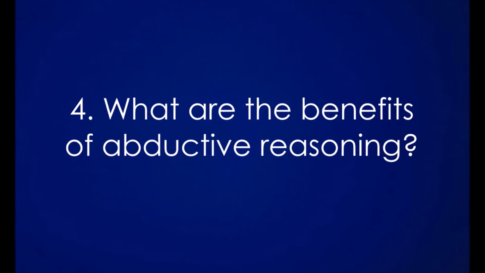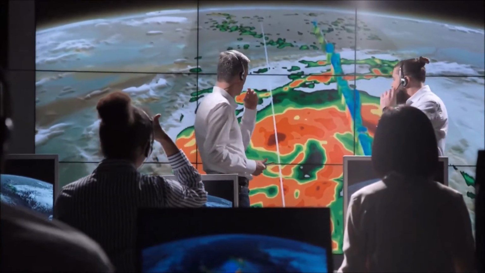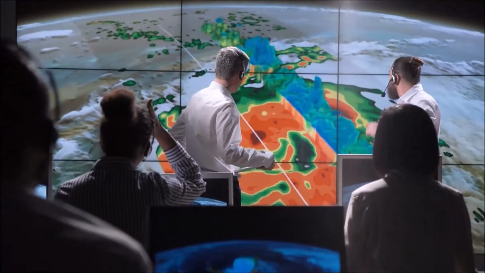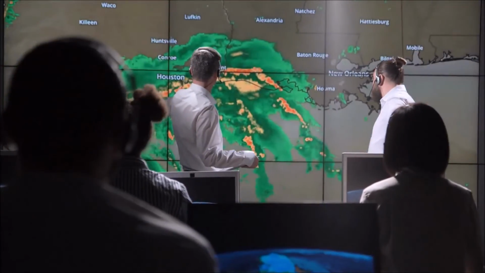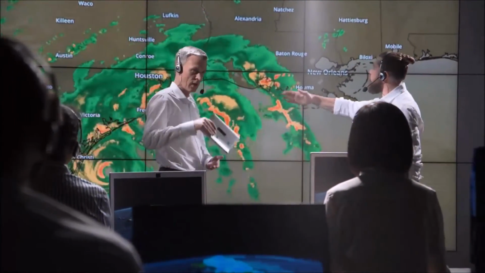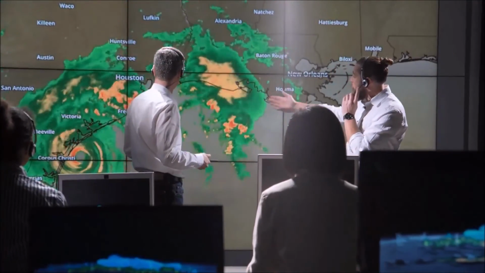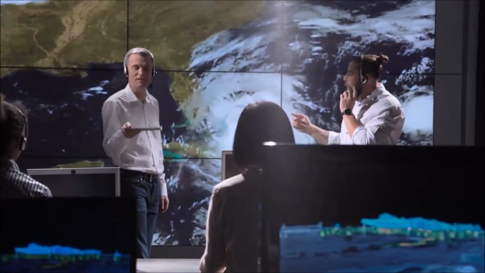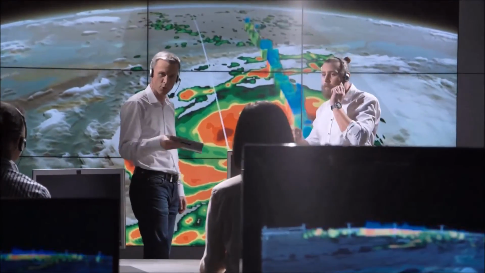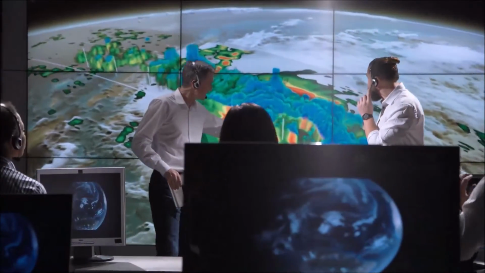4. What are the benefits of abductive reasoning? For most scientists, abductive reasoning is a natural and instinctive process, a series of educated guesses building upon absurd phenomena and previous studies. Even young scientists use this process to design simple school experiments.